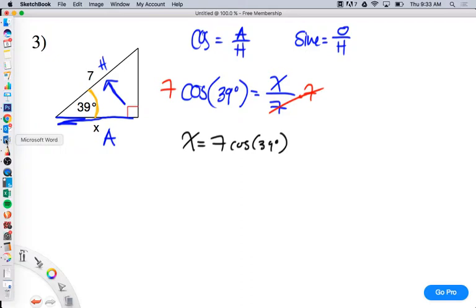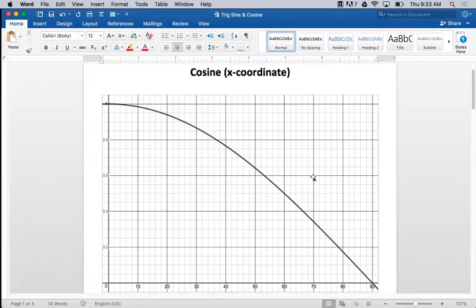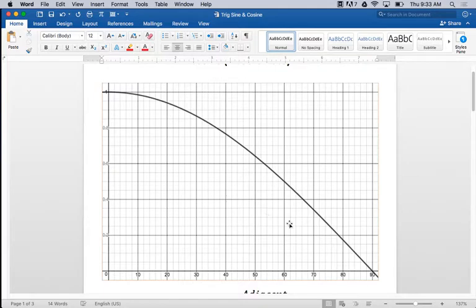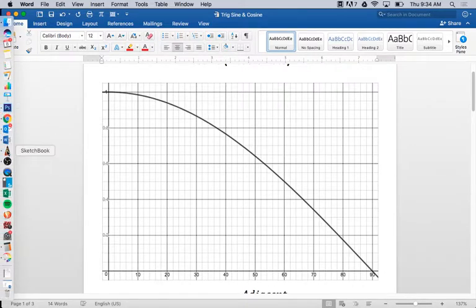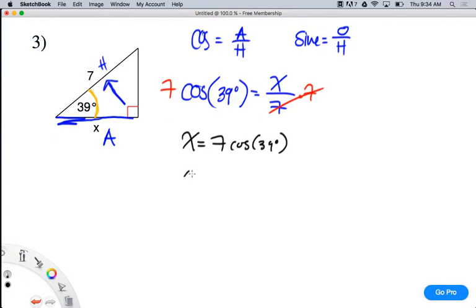Okay, so we look for the cosine of 39 degrees. And so I go here, 30, 32, 34, 36, 38, 39 right here. Bam. Right in between, that's about 0.775 or something like that, 0.78. So I say x equals 7 times 0.77, sure.